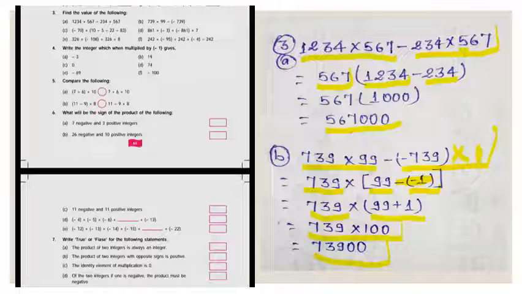In question number 6, I have told you to multiply the number of times of negative and positive to understand the concept of integers. In question number 7, you have to write true or false in the given boxes on the basis of the properties of integers. The product of two integers is always an integer.